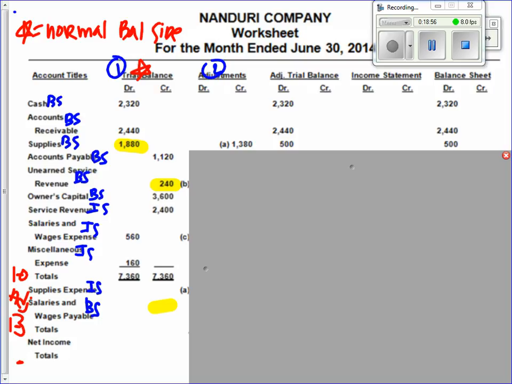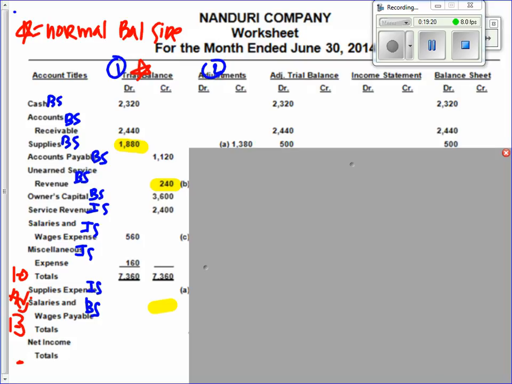Now, the reason we are crediting that instead of debiting it is because do we still have 1,880 here? No, we've used that much. If we would have debited the difference, that means we would have added, but we're subtracting.